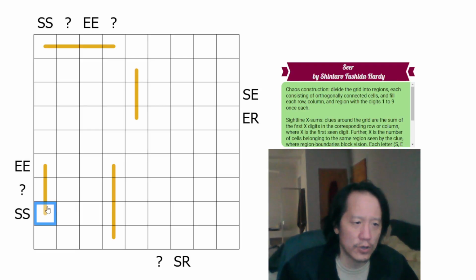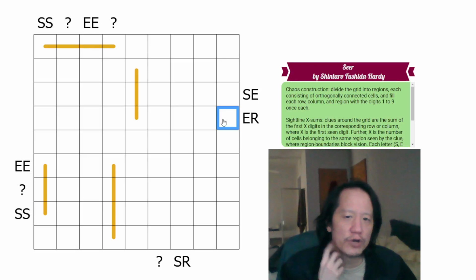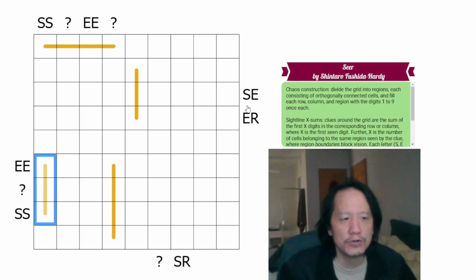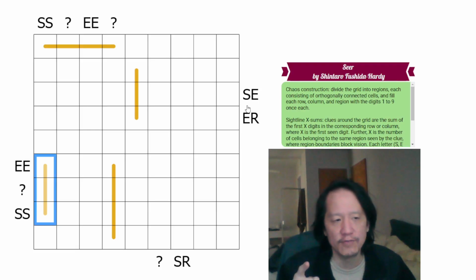So therefore, it has to be at least 11 in the SS and the EE. It has to be at least 10 or 20. Oh, we also know S and E have to be 1 through 4, because S and E also act as a tens digit for a clue, and an X sum clue can never be greater than 45.